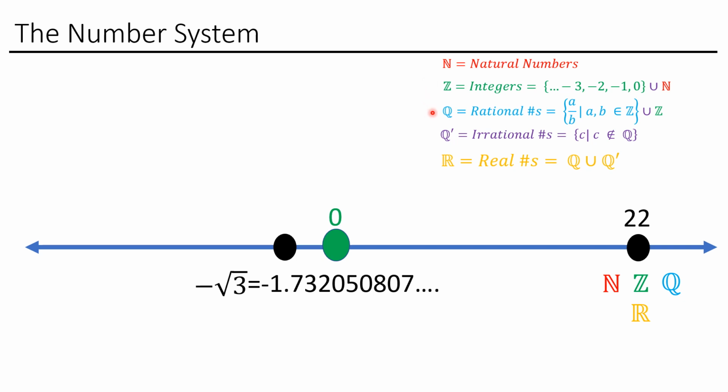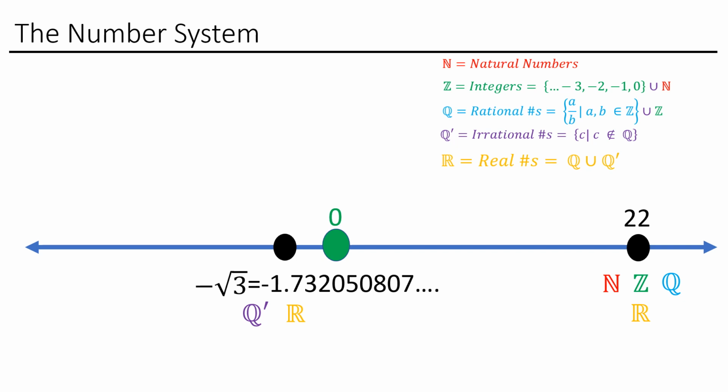You cannot make this into a fraction, but it is an irrational number. Because it's not a rational number, that makes it an irrational number, so it would be part of that Q prime. And then it would be part of the real number system. So this one only has 2 number systems that it is a member of.